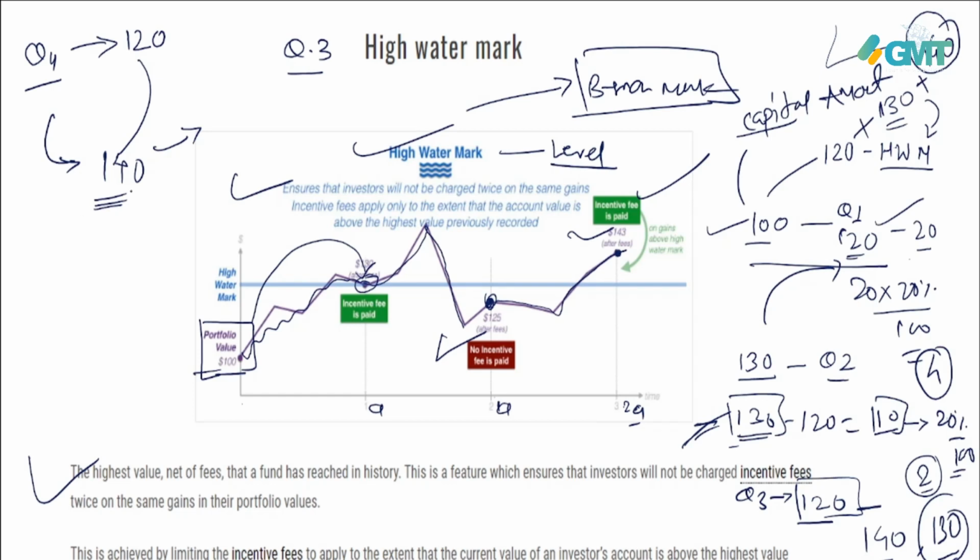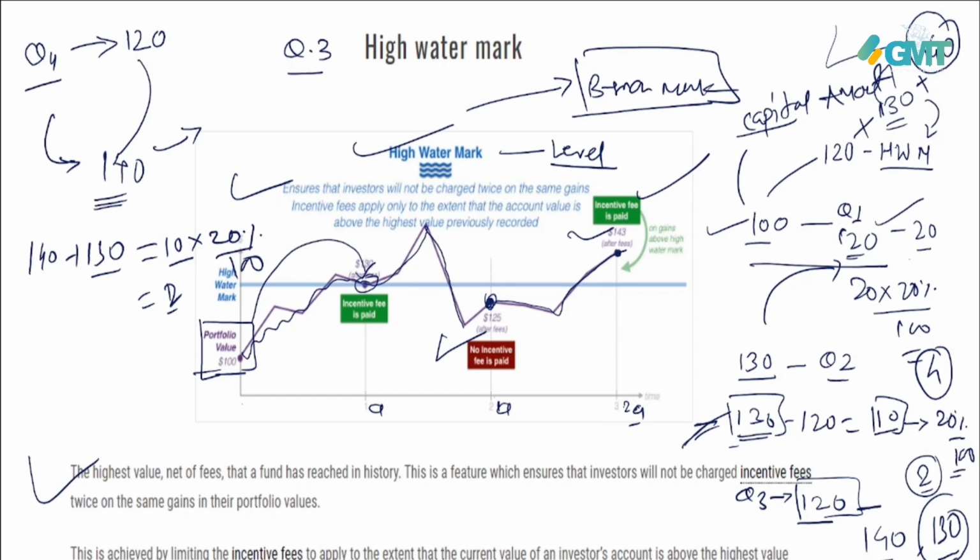You can do the calculation like this: up to 130 you already paid it, so 140 minus 130, which was the previous high water mark set at this level. Then on the 10 rupees you can charge again 20% as incentive fees. So it means 1 rupee or 2 rupees which you can pay to the fund managers. That's how your calculation will work.